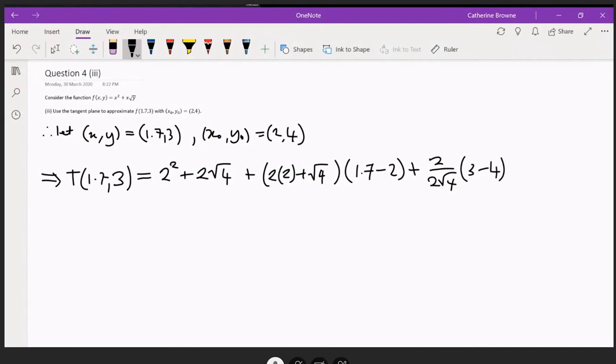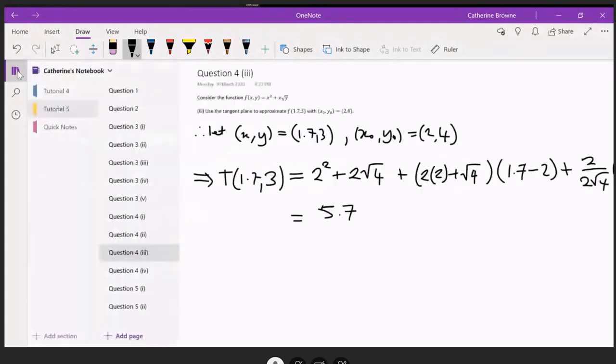And this time, I'm not going to go step by step, but I know 2 squared is 4, and I can add and subtract, so I get 5.7 because we're running out of time. So before we got 5.1, and this time we got 5.7.